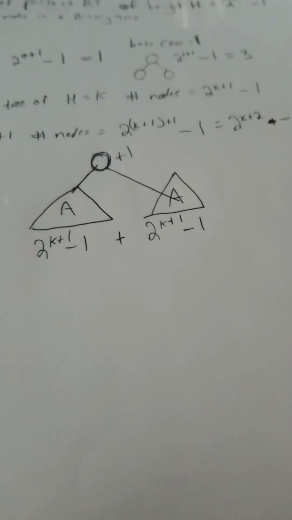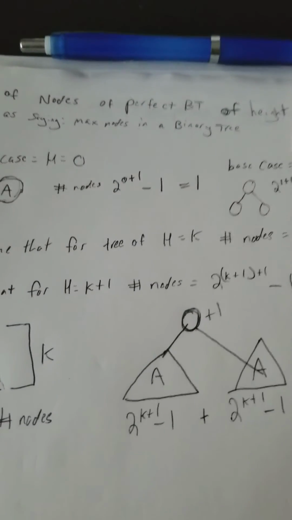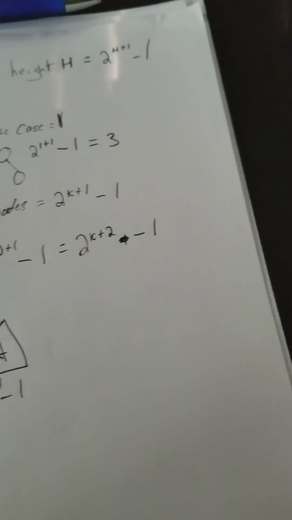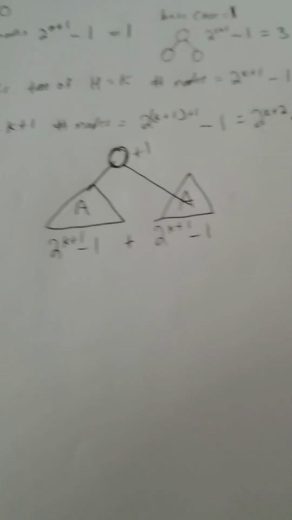So now we just want to show what we're trying to prove up here. The point is we're trying to prove that for h equals k plus 1, the number of nodes equals 2 to the k plus 2, minus 1. So now we just have to show that the equation we're generating here is equal to that.